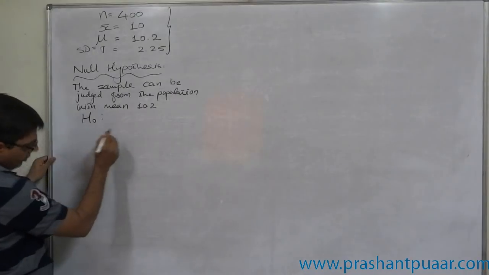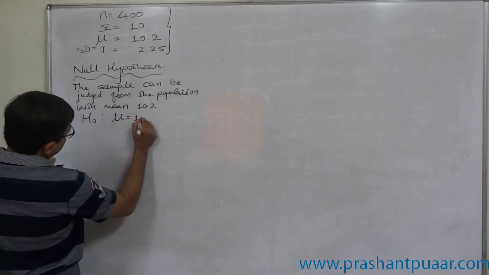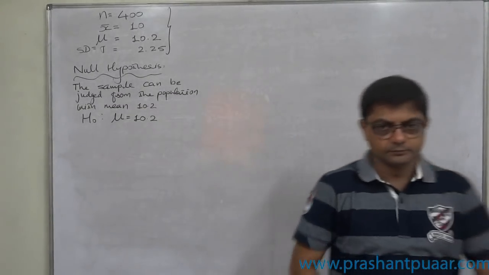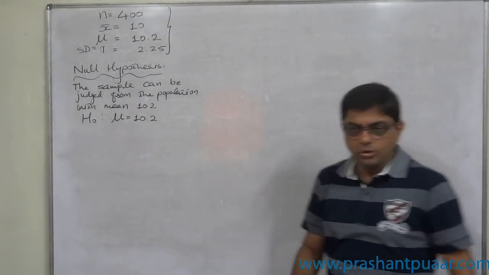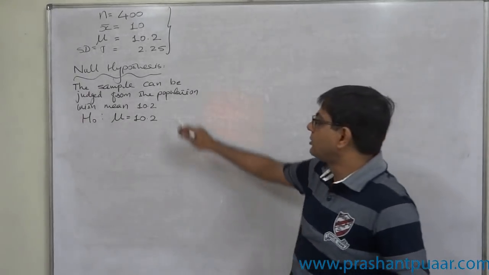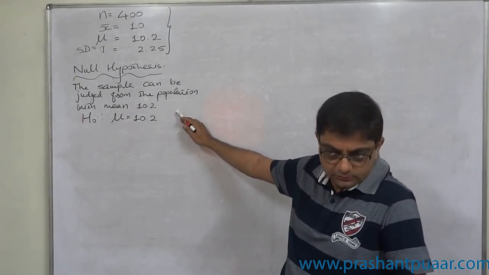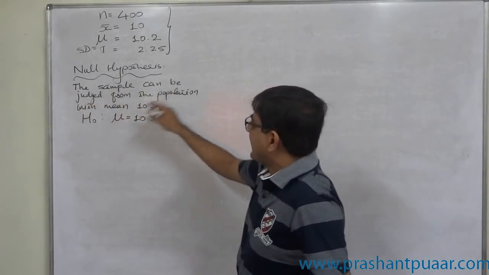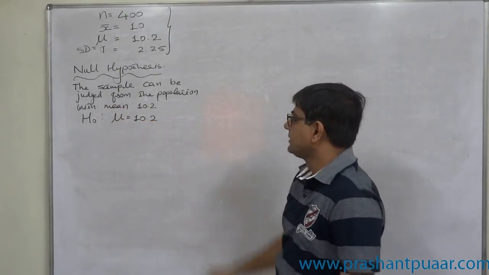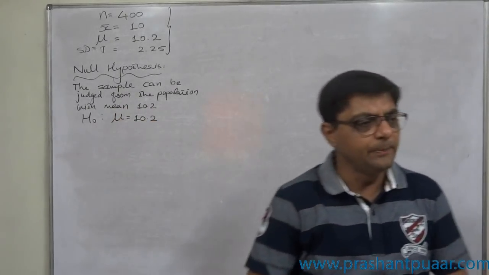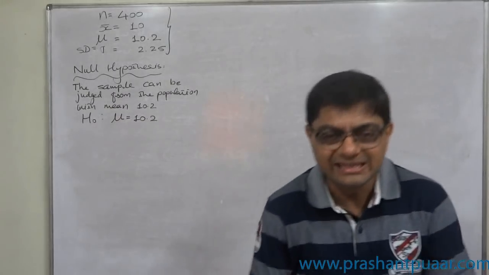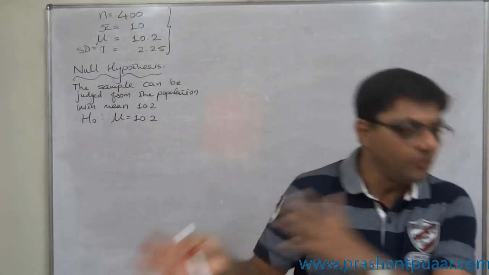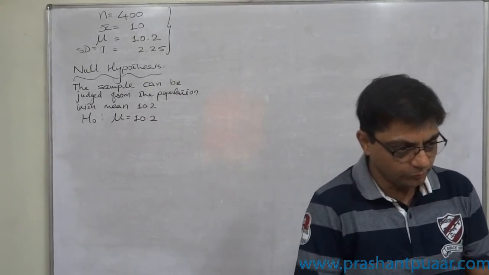The sign is H0: mu equals 10.2. Now the alternative hypothesis. The alternative hypothesis is actually the counter argument against the null hypothesis. We are using the words the sample can be judged from the population with mean 10.2, or in simple words, the population mean is 10.2. That means the population mean for the population from which the sample has been drawn is 10.2.